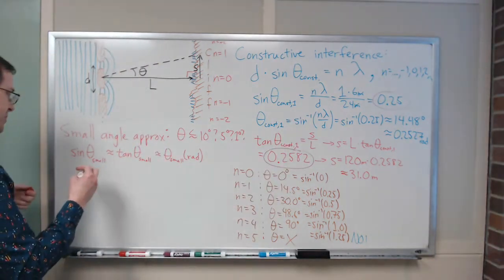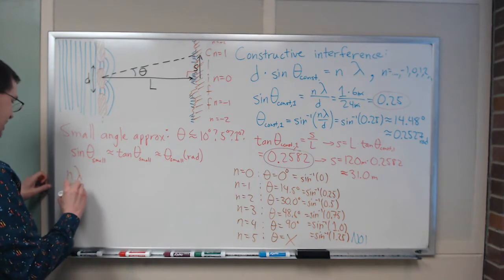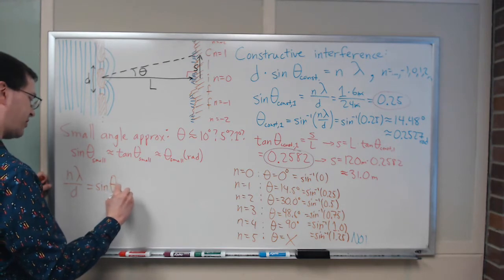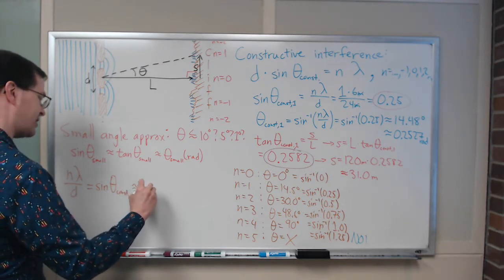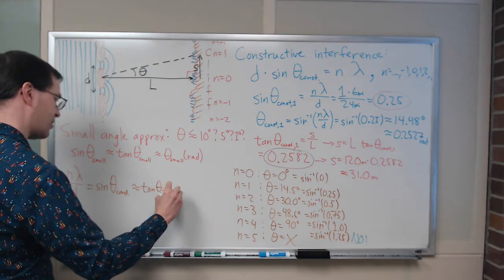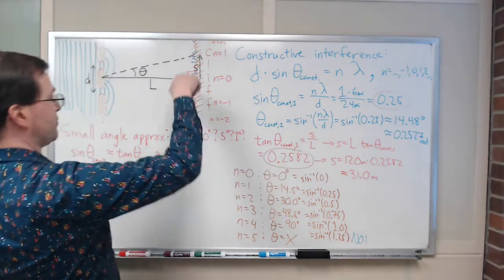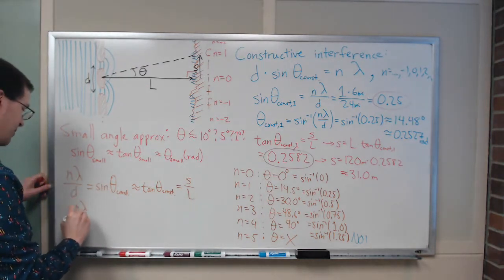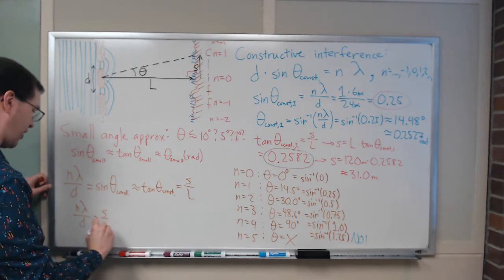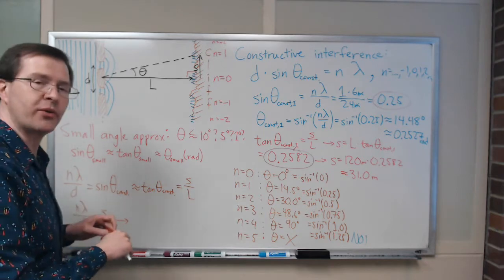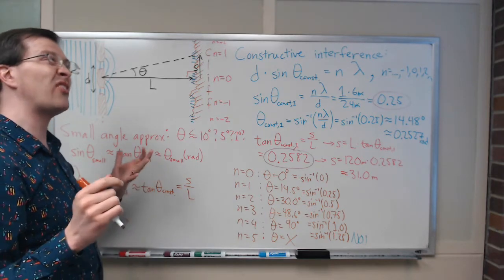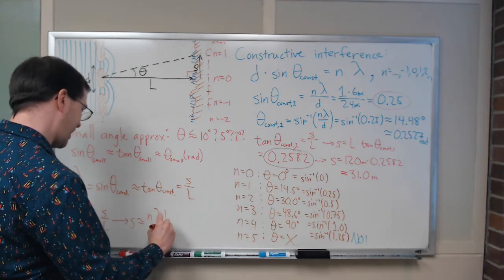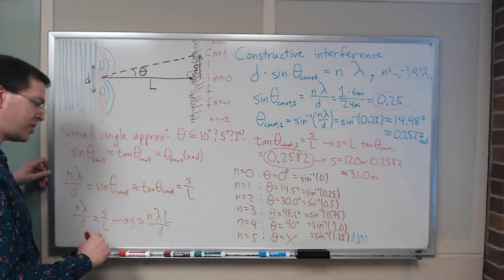That tells me that n lambda over d is sine of theta constructive, which is approximately tangent of theta constructive, which is equal by definition, opposite over adjacent, to S over L. And so n lambda over d is approximately S over L. So I could just solve for S right away without any trig functions at all, without ever even checking the angle. I could say that S is approximately n lambda L over d. And what would that give me?